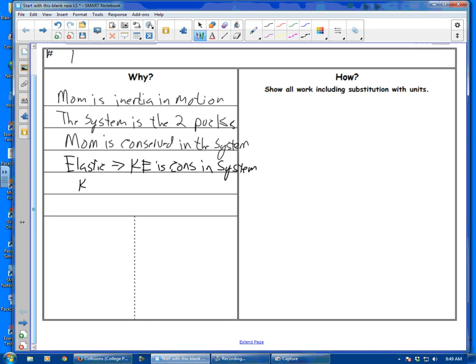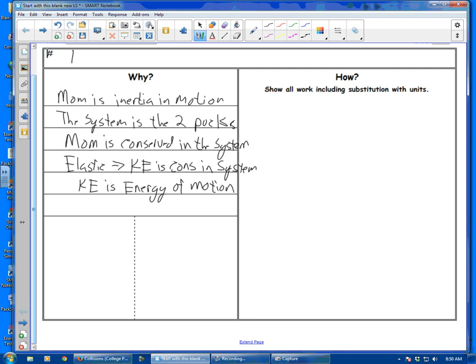And kinetic energy is energy of motion. I think that hits all points. Except, do I need diagrams for this Y? Yes, because I have a system, and I have a before, and I have an after.